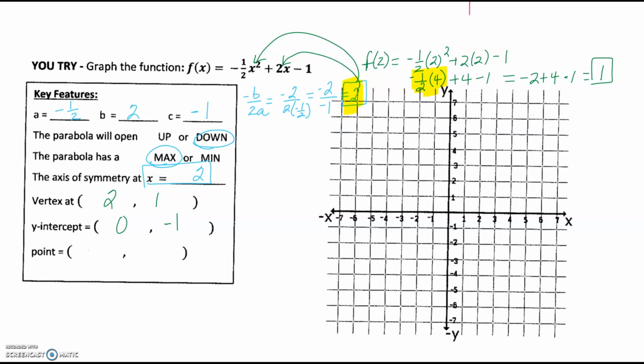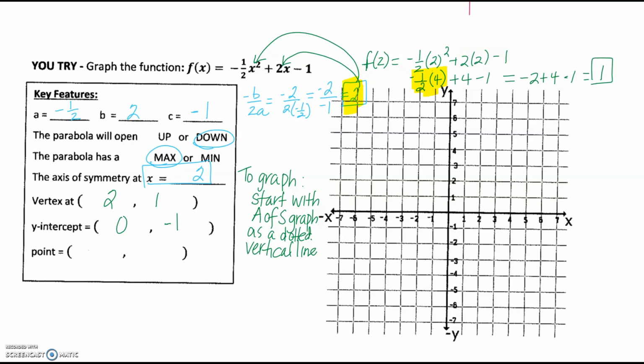We start with our axis of symmetry to graph. I'm going to write this down. Start with axis of symmetry, A of S, that's what I call it. Graph as a dotted line. Vertical line. Okay. So our axis of symmetry is x equals 2.